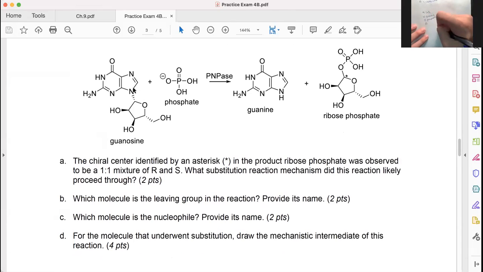So I'm going to reproduce this below. And I think that's the main intermediate. Maybe I can draw this on the screen. It was really dependent on that mechanistic step, that bond breaking.